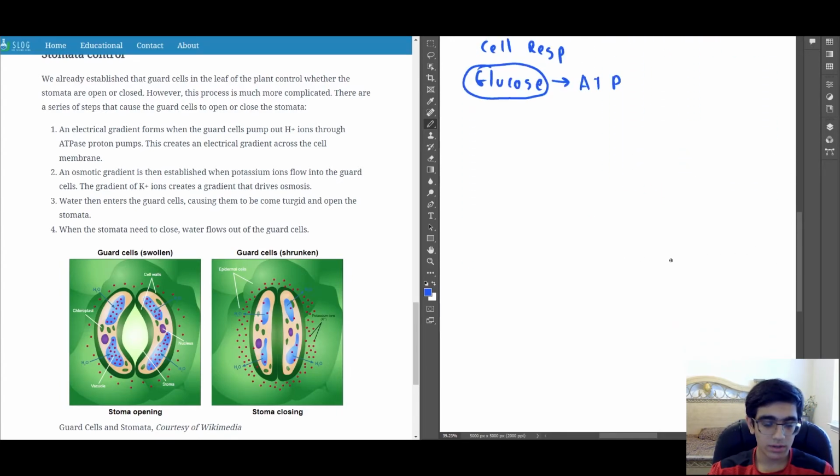ATPase is also found in cellular respiration, but in plants, let's say this is the membrane, and this is the ATPase.